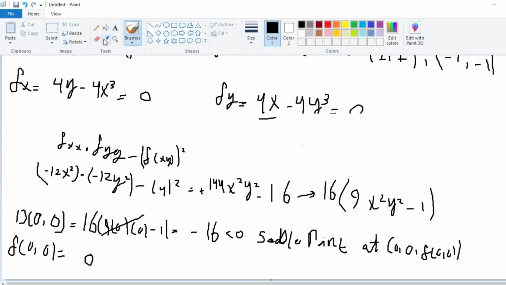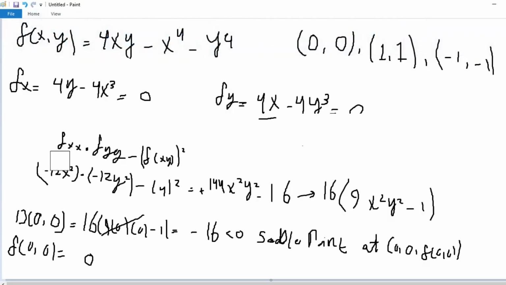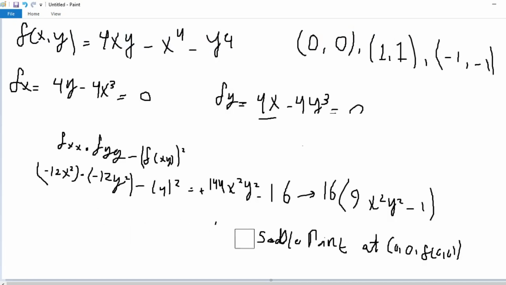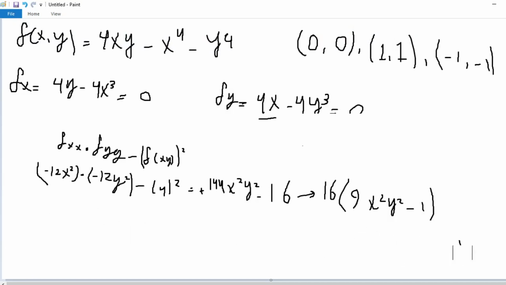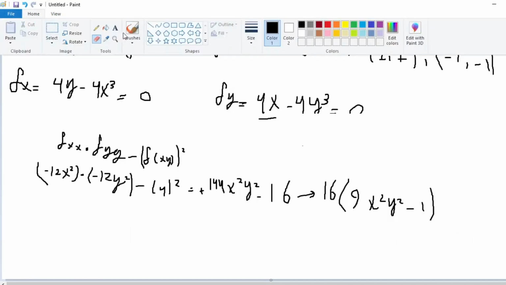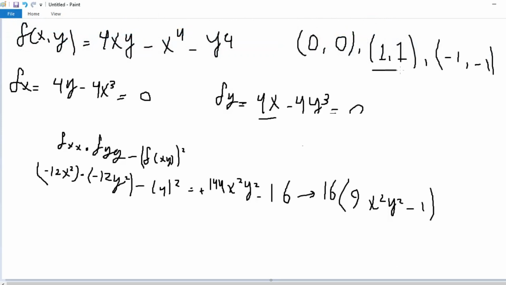So let's find the second discriminant. Let's delete this space. Dealing with the second critical point, D at (1, 1), we can write 16 times (9 times 1 squared times 1 squared, negative 1).